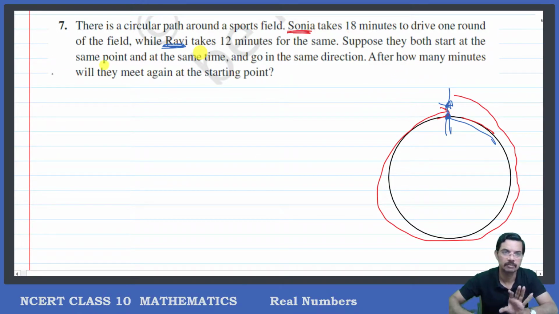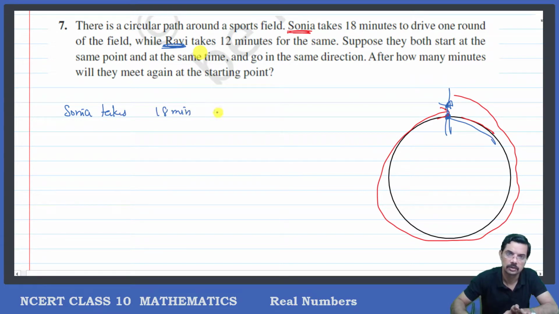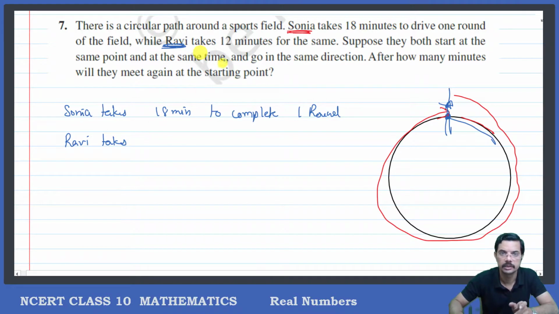So Sonia takes 18 minutes to complete one round. In the same way, Ravi takes 12 minutes to complete one round.